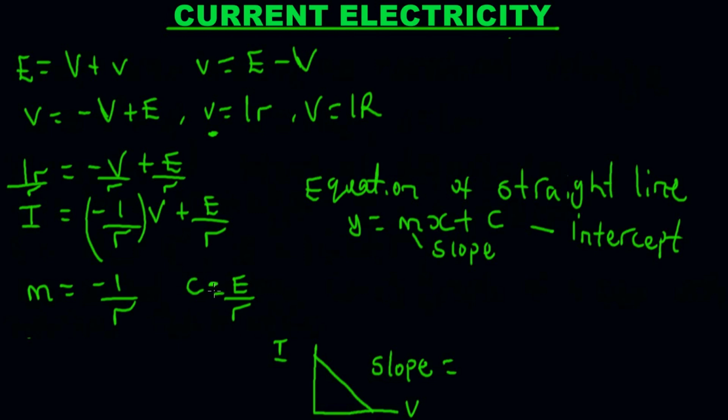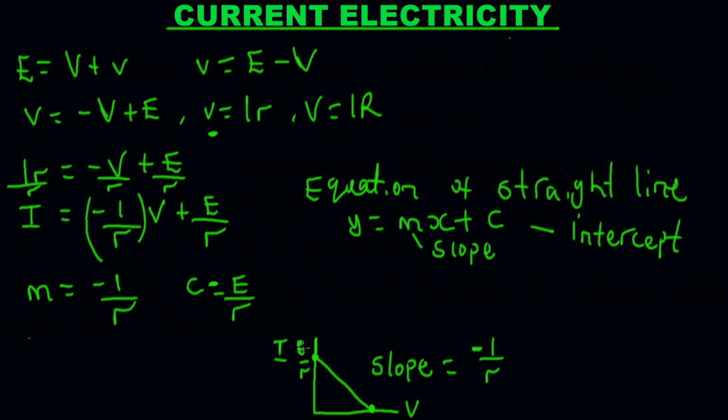This is the y-intercept, the point where it touches the y-axis. Remember, the I is serving as the y-axis. So our slope here will be giving us minus 1 over r. The intercept, which is this point, will be E over r.